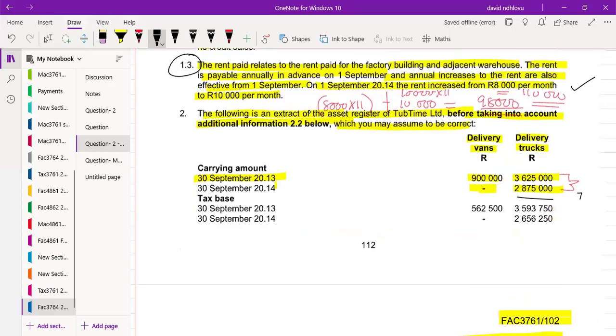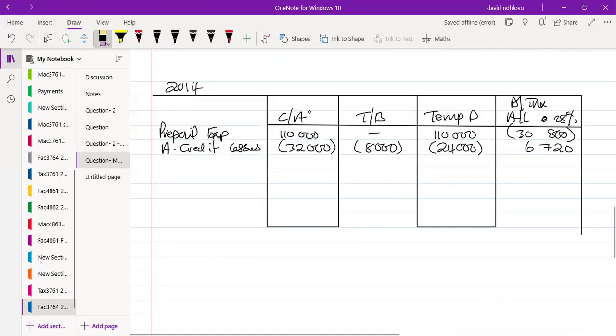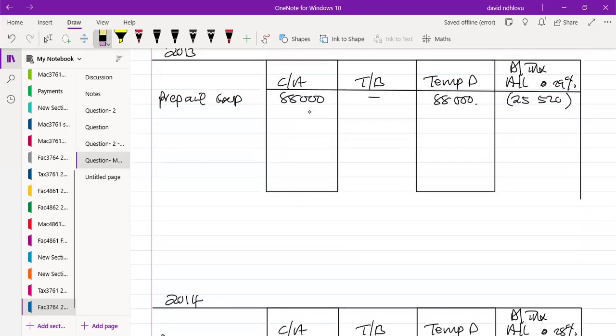Next, I was given the information concerning the delivery vans and the delivery vehicles. The delivery vans were there in the prior year. They were not there at the end of the current year. So in the prior year, we are going to have delivery vans.